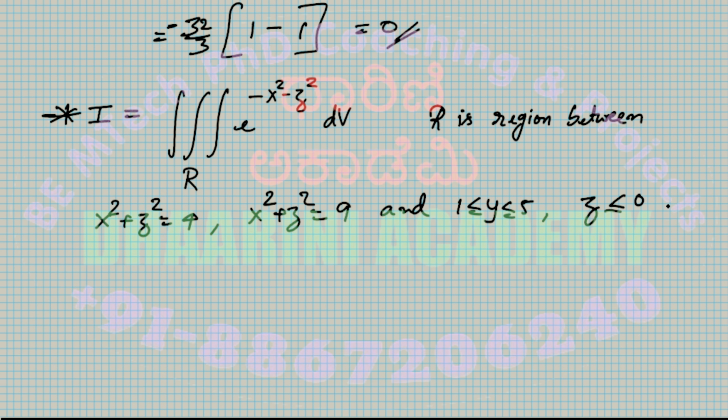So this is the given value by performing the change of variables. So you see, there are two circles given, right? X squared plus z squared equal to 4 and x squared plus z squared equal to 9. So that means you have two different circles, right? One is of radius 2, one is of radius 3.